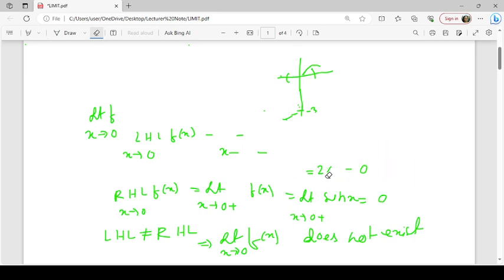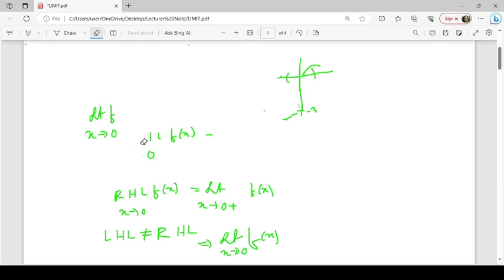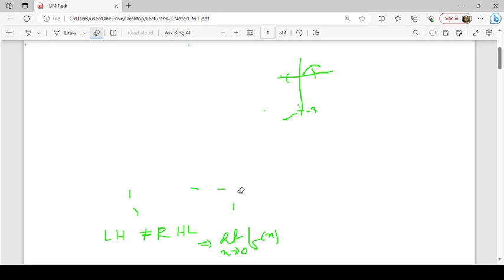To the right hand side, it is y equal to sine x, and it is continuous to the right part of 0. Also it is continuous to the left part of 0, but at x equal to 0, it is broken. So we say the function breaks at the point x equal to 0, and it is not continuous at the point x equal to 0.